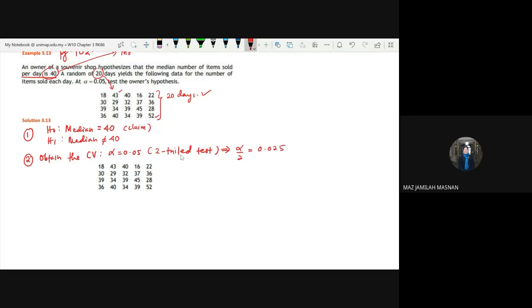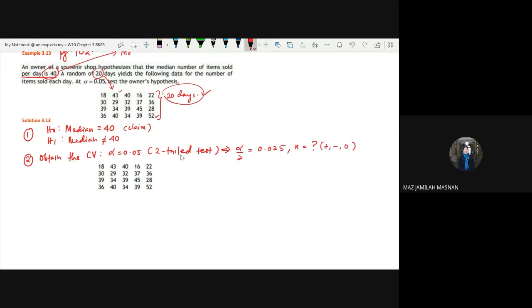That will be your alpha. Now you need to find your n. What is your n in this case? N is no longer the number of samples given to you. Your n depends on your plus, minus, and zero signs.